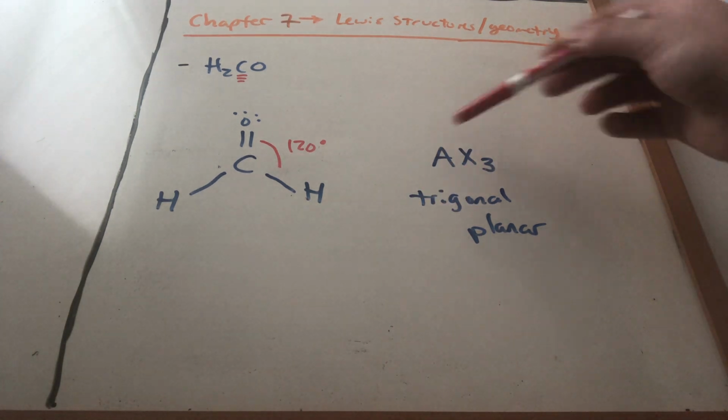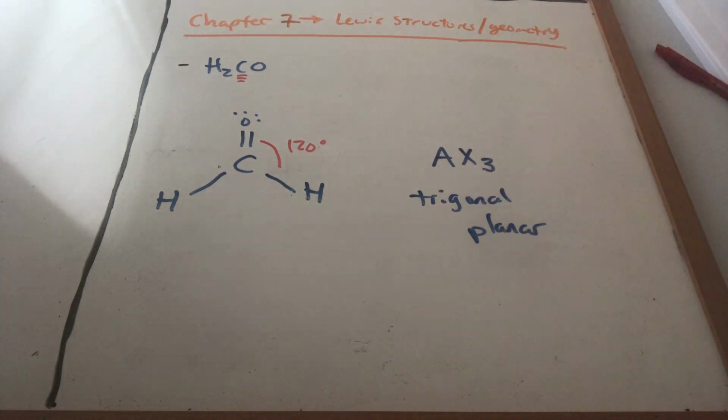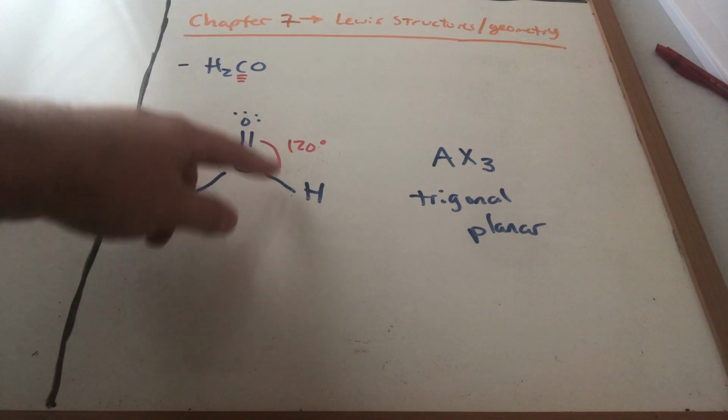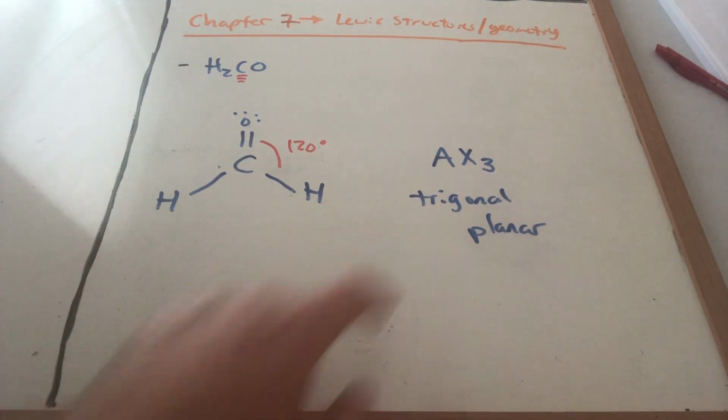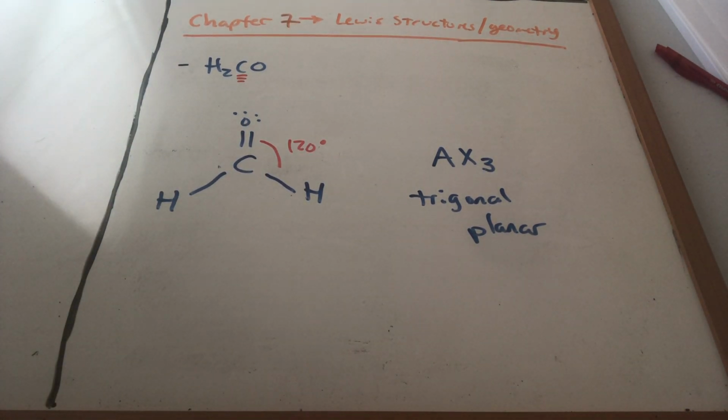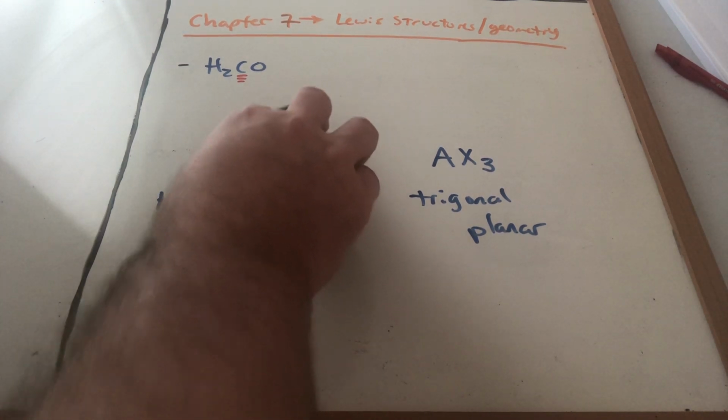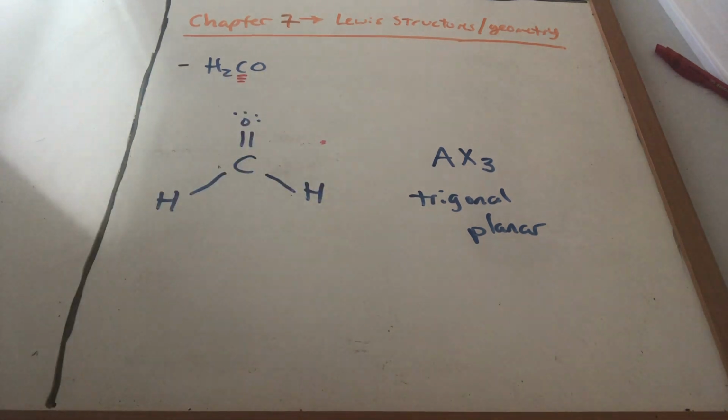So whenever you see a central atom attached to 3 other things, no matter what, you're going to have 120 degree bond angles here, and it's going to make a trigonal planar geometry, right? A trigonal planar geometry.